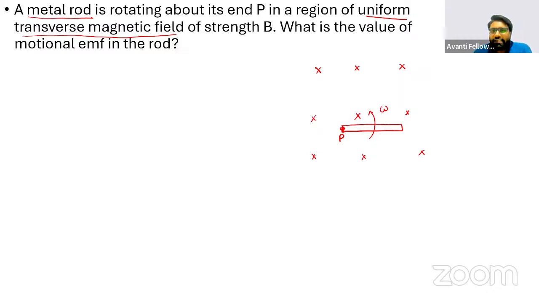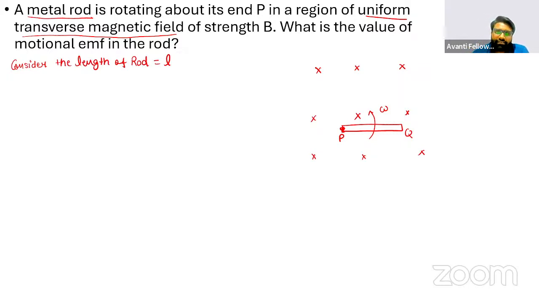This end is Q. So consider the length of the rod to be L, small l. Now, when this rod starts rotating, how will the EMF generate in it?